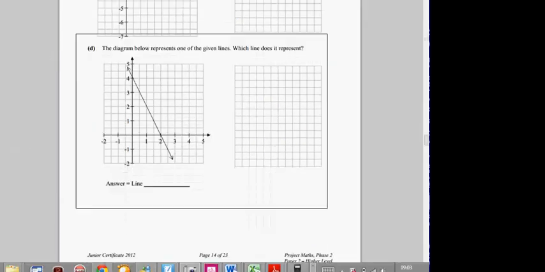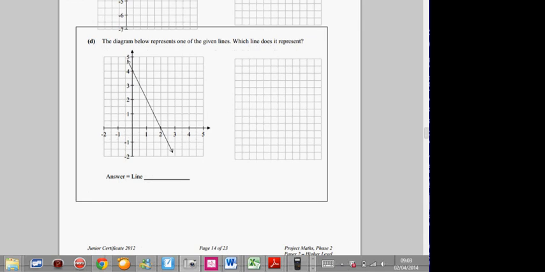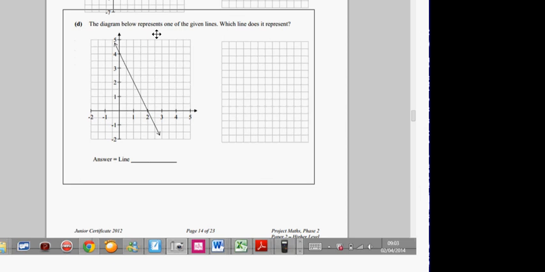Now, the diagram here represents one of the given lines. Which line does it represent? Okay, what's the c value, lads? The c value is 4. What's the slope? You can do the slope formula if you want. Pick 2 points on the line.